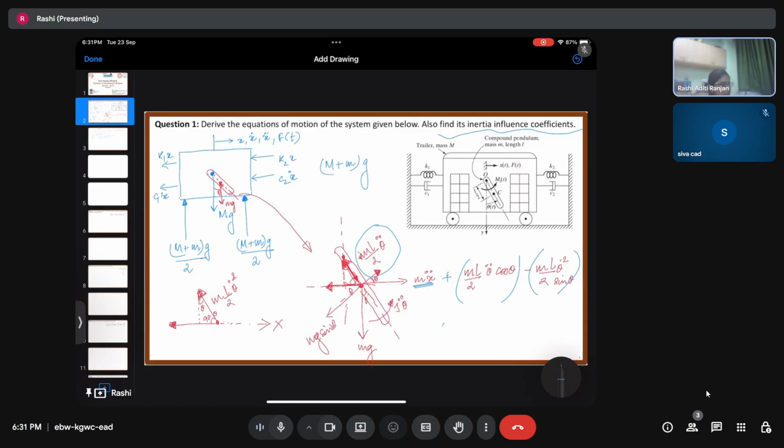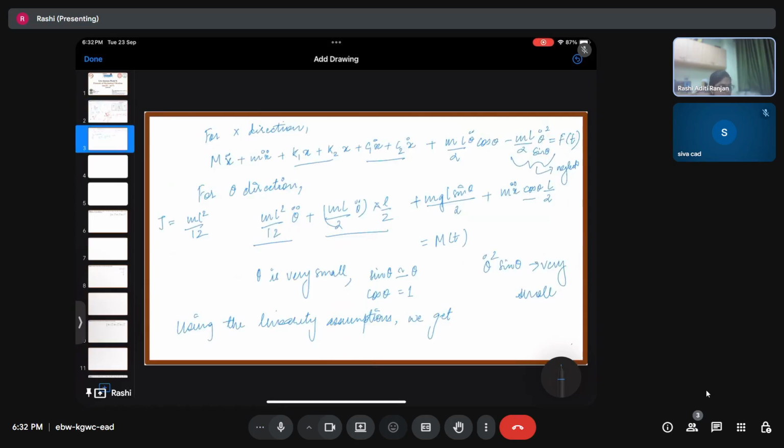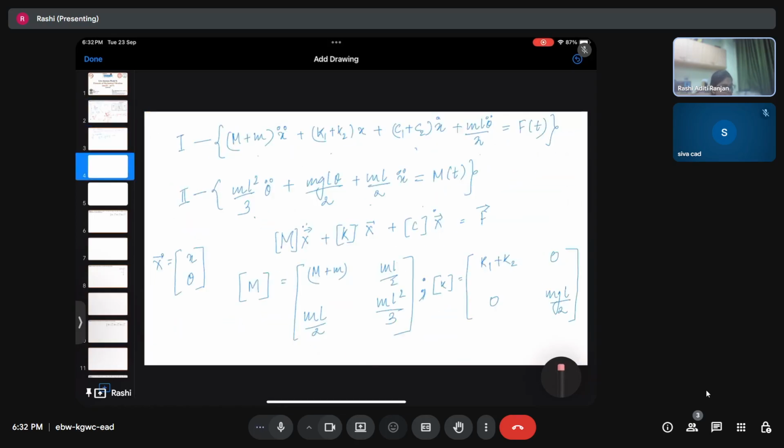So what do we do then? We try to find influence coefficients. Influence coefficients are something that helps us to find these matrices. So you see over here what have we done? We have basically converted a multi-degree of freedom system into a single equation using matrices, right?